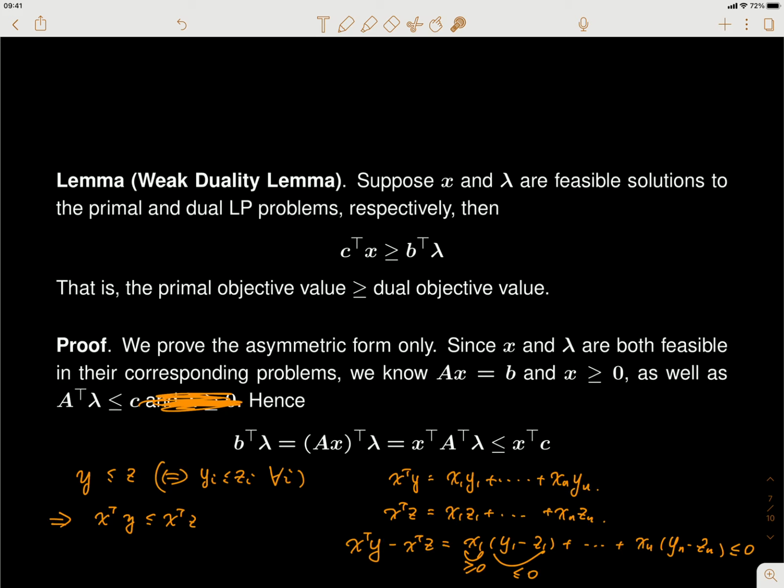So y is like A transpose lambda, and z is like c here. If A transpose lambda is less than or equal to c, and x is a non-negative vector, then you can keep the inequality.